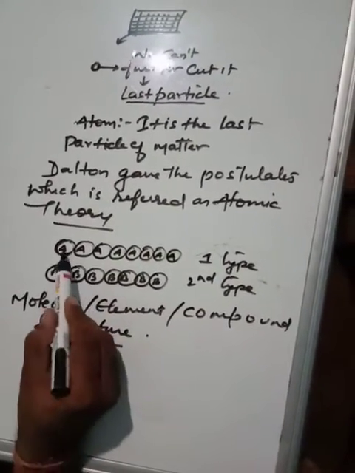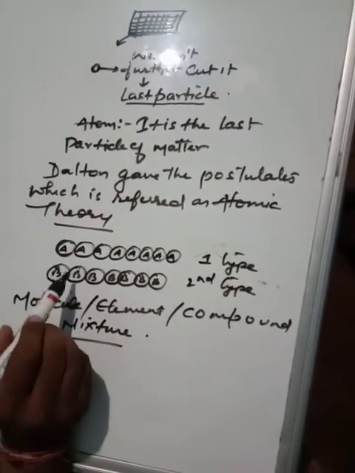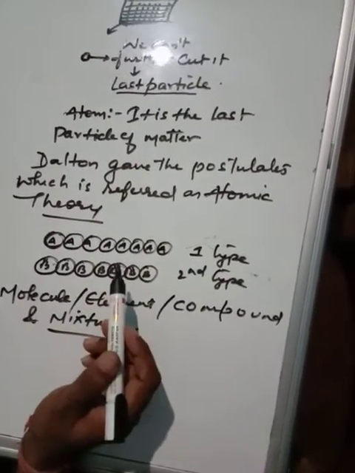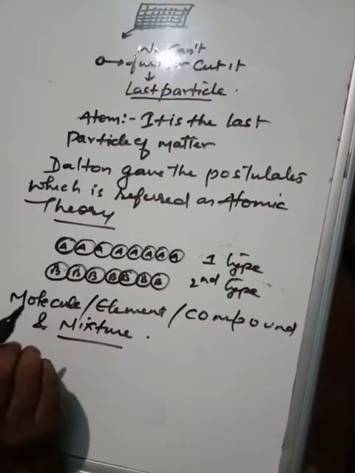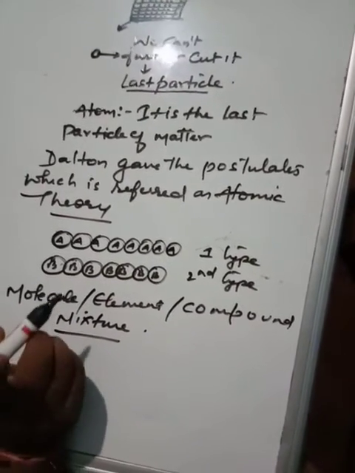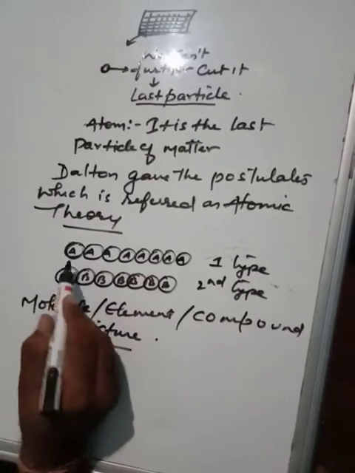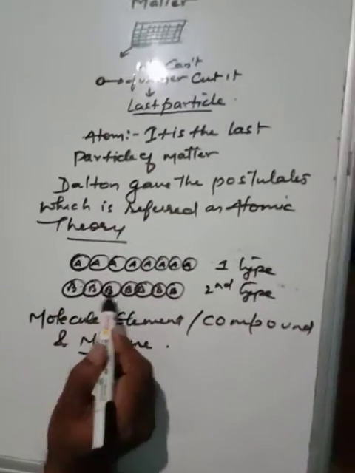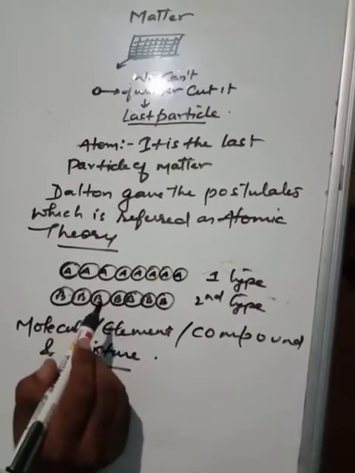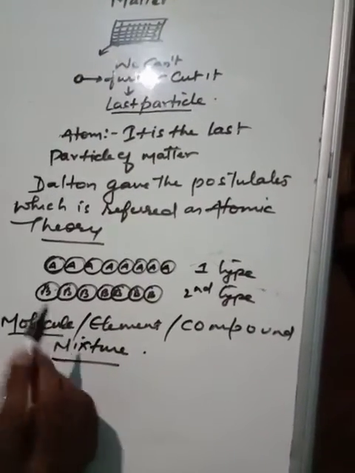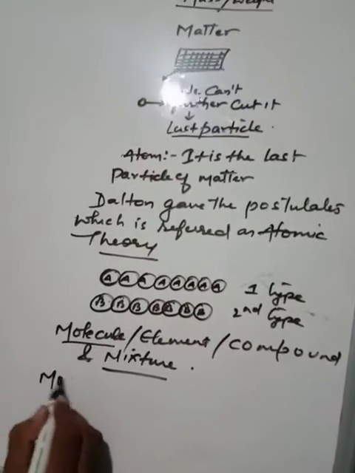So if two atoms of the same types or different types combine together to form a stable molecule, stability, very important, then it is regarded as molecule.